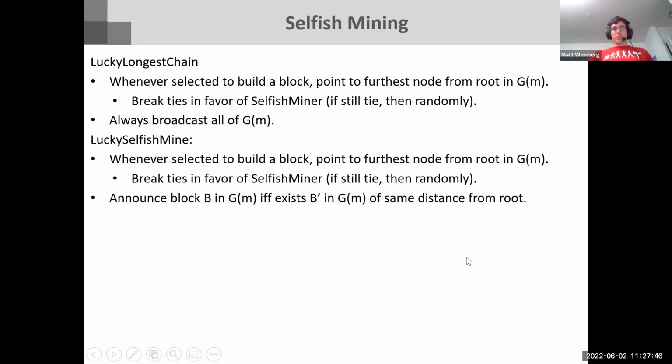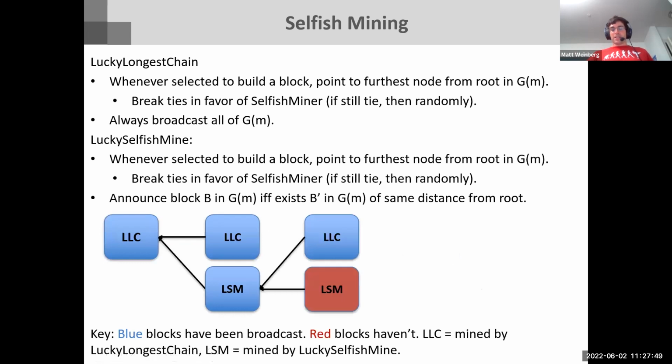So far for these two intuition slides, I'm making no assumption on the fraction of computational power. If your computational power is X, X could be less than 1%. You can still do strictly better with this attack. But the key assumption for this attack is you better be really well connected in the network, because you need to make sure that if this sequence of events happens, that you create a block, have not broadcast it.